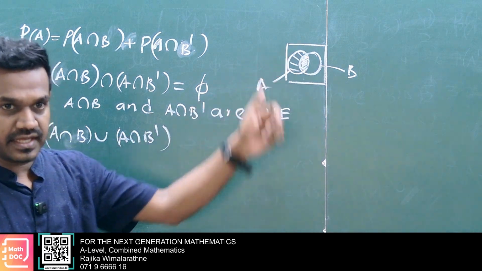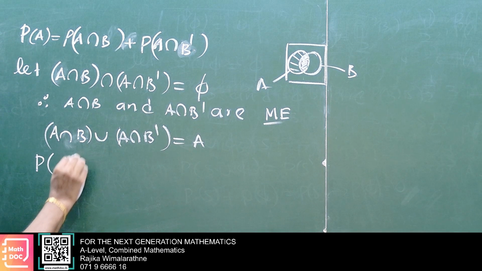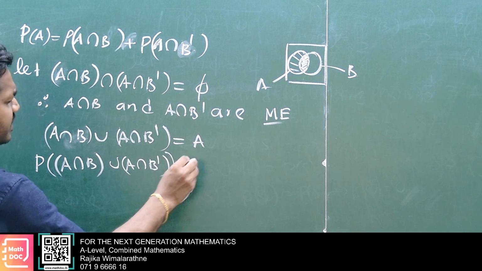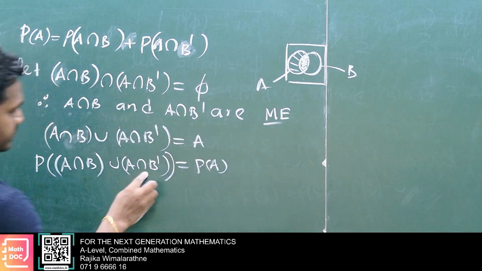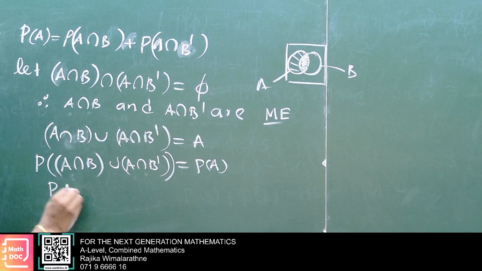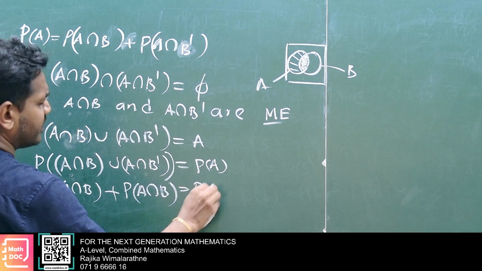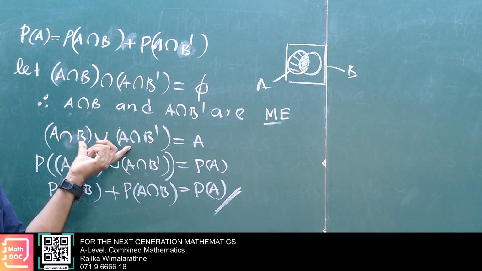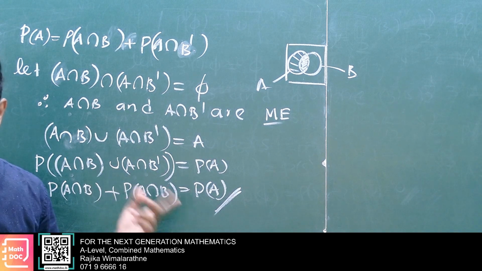Their union creates A. Then you put A. Now put probability of A intersection B union A intersection B dash equal to P(A). Since these are mutually exclusive, you can write here a sum. That is the third theorem proof. Here these are mutually exclusive, then you can write union as sum. Third axiom. Then by the axiom we can prove the theorem.